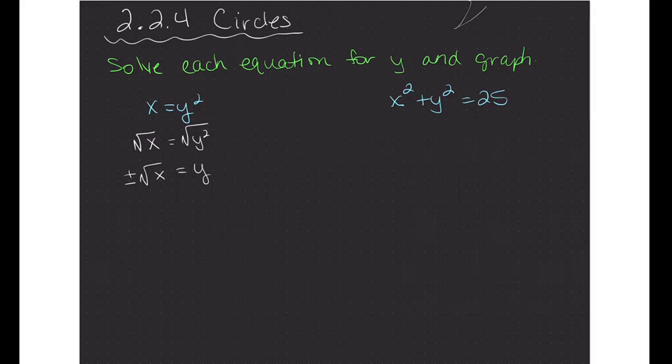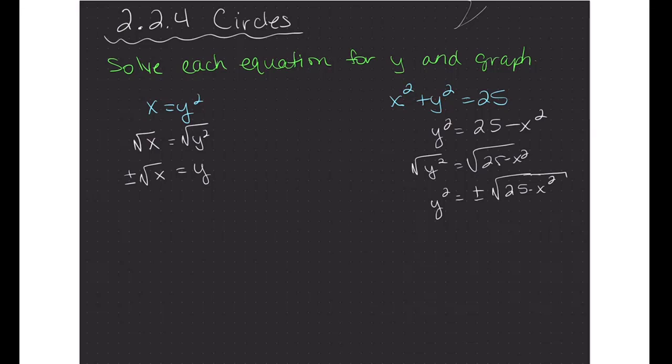And then on the one on the right, if we want to solve that one for y, I think the first thing we should do is probably subtract x squared from both sides. Okay. And then now we got y squared equals 25 minus x squared. So now we're going to take the square root of both sides. So the square root of y squared is going to give us y, and then we're going to get that positive and negative value of the square root of 25 minus x squared.